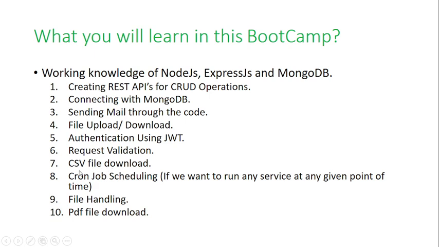So for that we are going to have one functionality, CSV file download. If the user clicks on this API, if he fires that API, then the CSV file will get downloaded. That also we are going to see how we can do it.